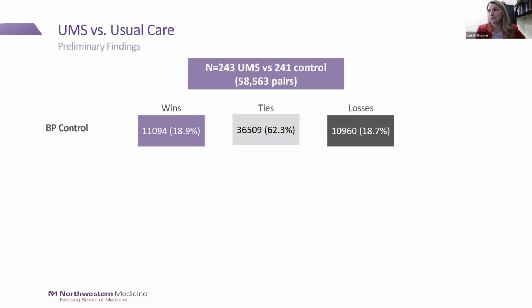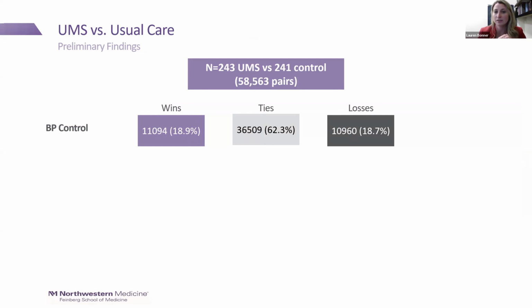So we did this just for comparing the UMS to the control arm. So there were 243 patients in the UMS arm and 241 in the control arm, which results in just under 60,000 pairs. And so we first started with blood pressure control.